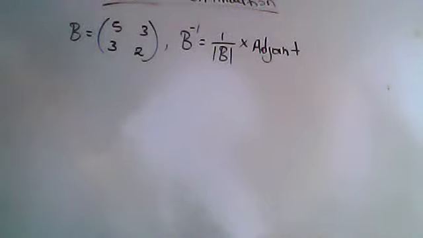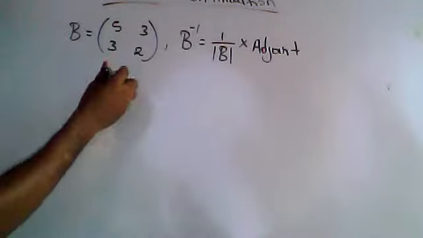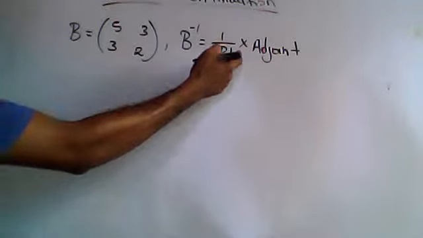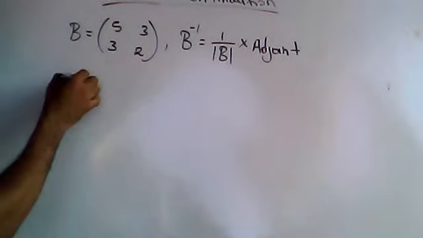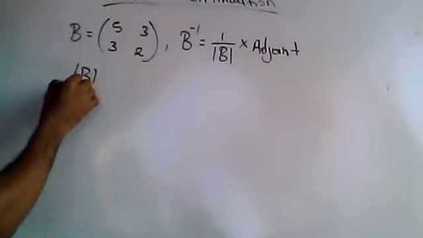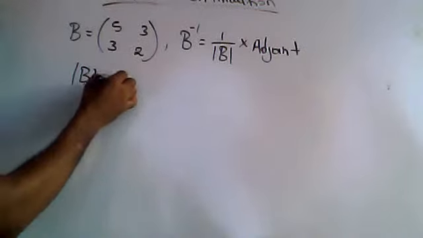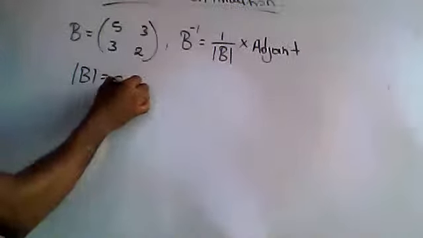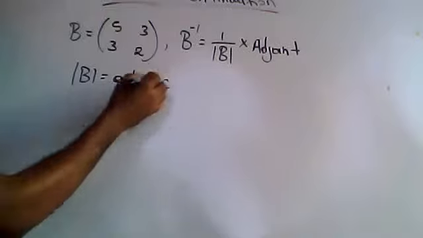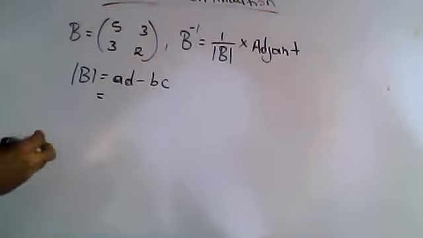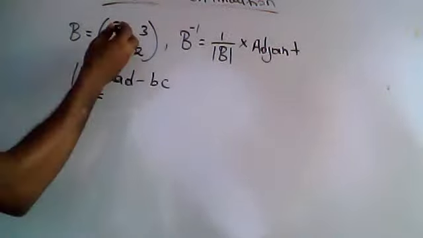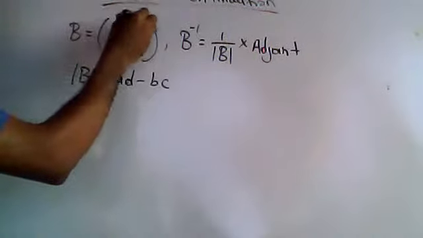Yes, sir. Now, the first thing we have to calculate is the determinant. Now, the determinant is calculated by the formula AD minus BC, where the elements in the matrix are labelled. This value is A, this one is B.